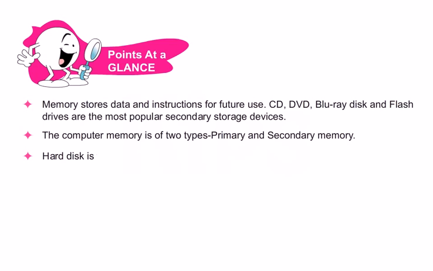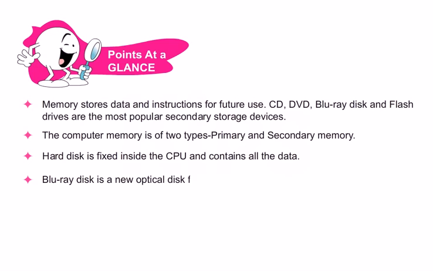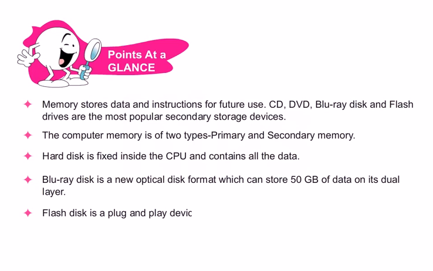Hard disk is fixed inside the CPU and contains all the data. Blu-ray disc is a new optical disc format which can store 50 GB of data on its dual layer. Flash disk is a plug and play device used for copying and moving data from one computer to another.